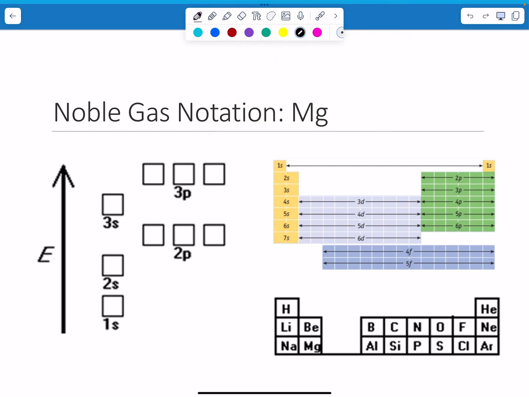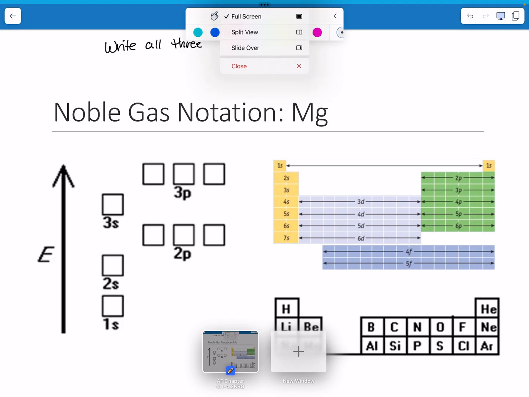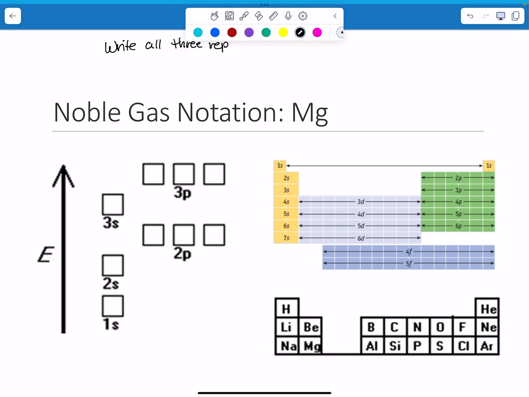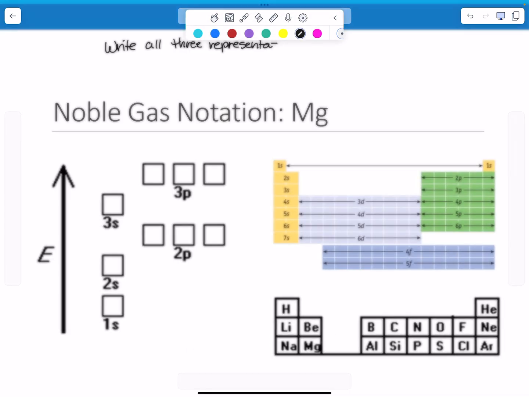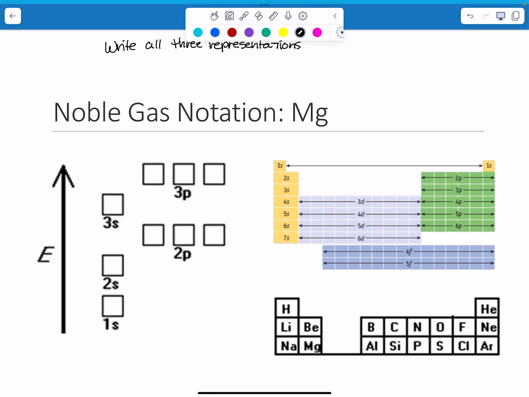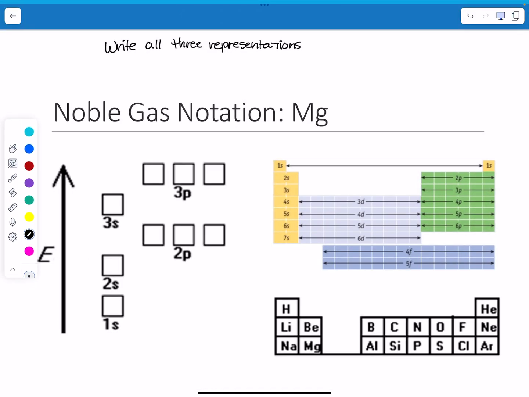You're going to write all 3 representations for magnesium and calcium. And then we'll go over them, we'll talk about valence electrons, and then we'll move on to the D block.